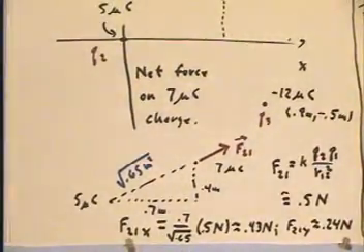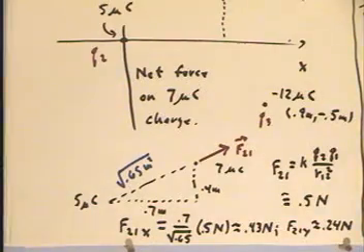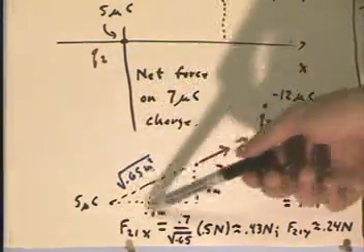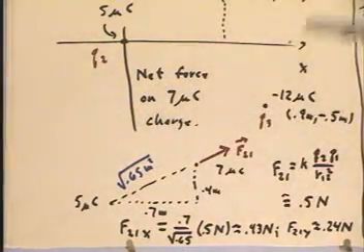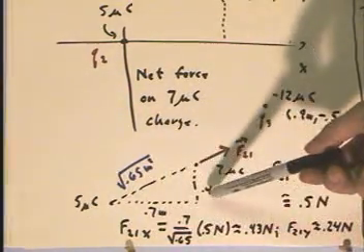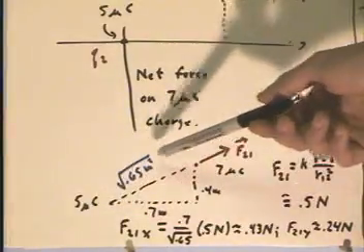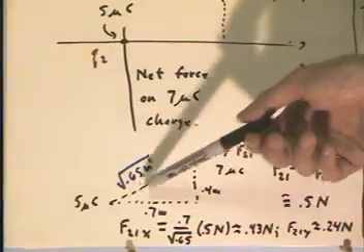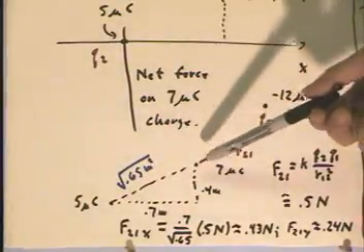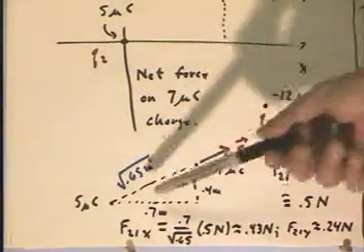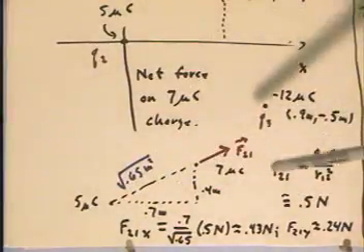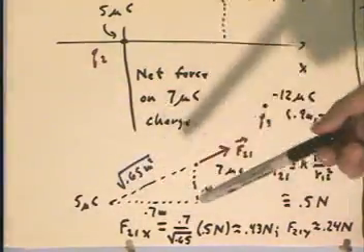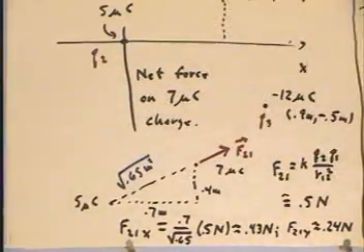And from the magnitude of the force and the geometry of this triangle, we can find the x and the y components. The sine of this angle is 0.4 meters divided by the hypotenuse, the square root of 0.65 meters squared. And the angle that we have here is the same as the angle that this force makes with the positive x-axis. So the sine of the angle of the force is the same as the sine of the angle of the triangle, which is 0.4 over the square root of 0.65.